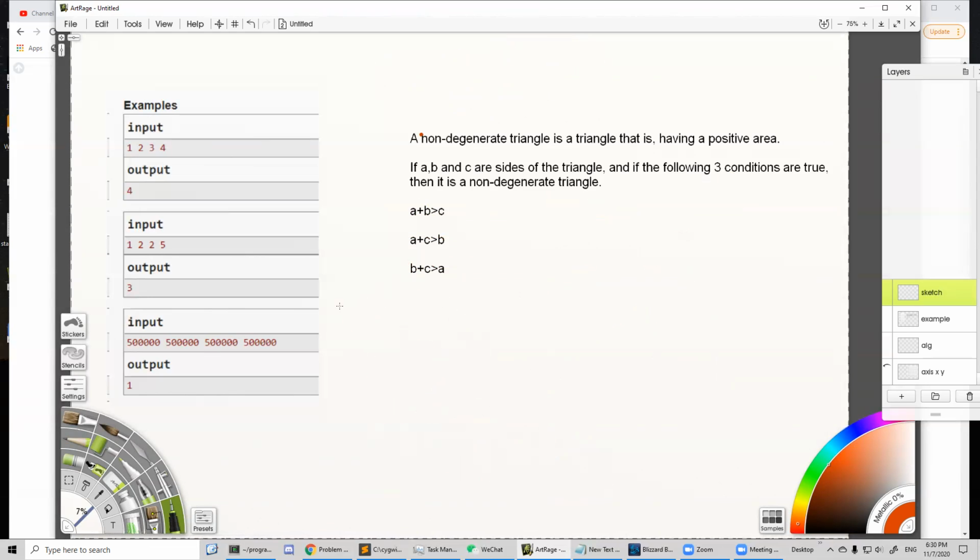Instead of iterating both x and y, we're going to iterate I from A plus B to B plus C.